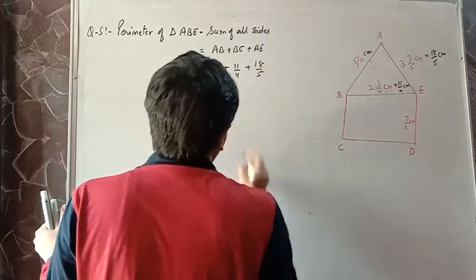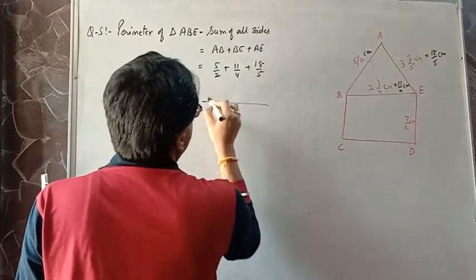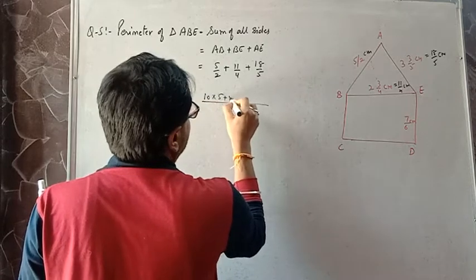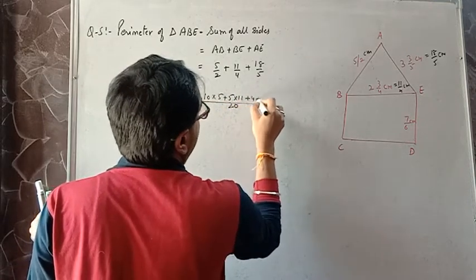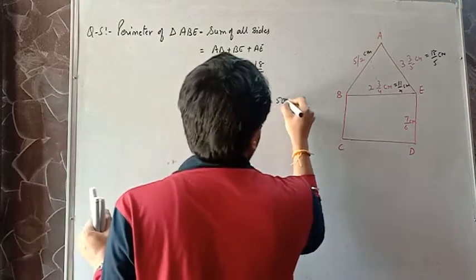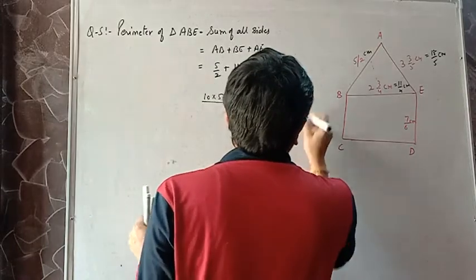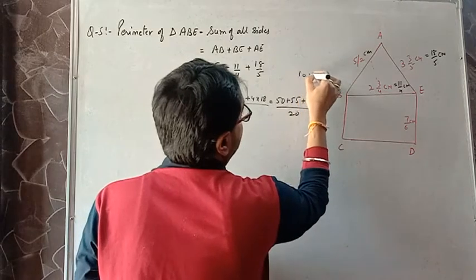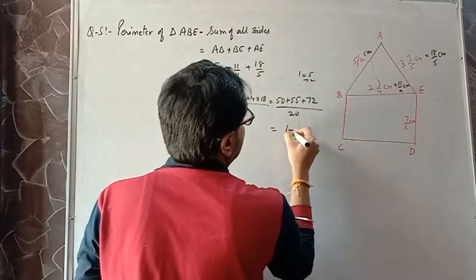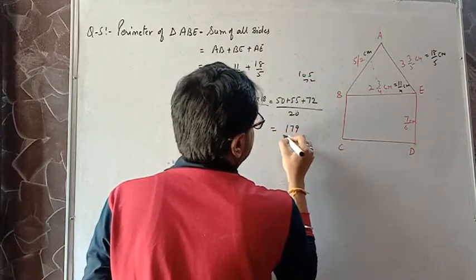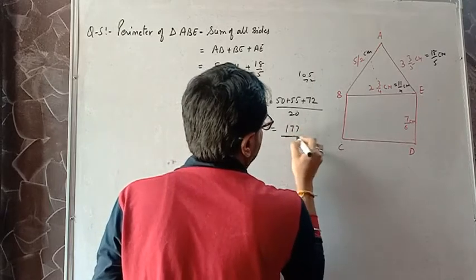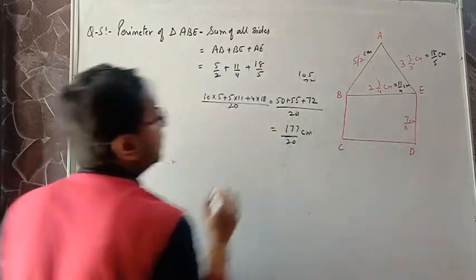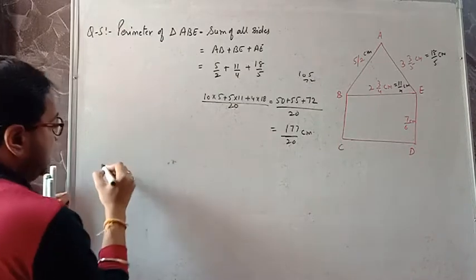Take the LCM, that's 20. 10 into 5, 5 into 11 and 4 into 18, you will be getting 50 plus 55 plus 72 upon 20. 105 plus 72, you will be getting 177 upon 20 centimeter is the perimeter of the triangle.